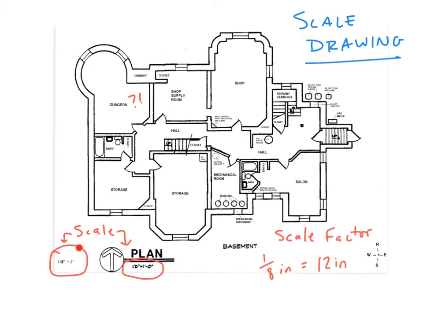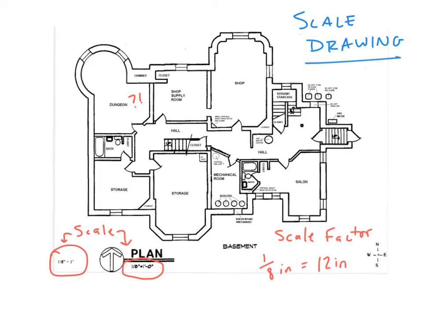This scale has two different places where they wrote it out and typed it in a computer so that it would be legible. This says 1/8 of an inch is equal to 1 foot. So remember, the scale drawing goes first. So the 1/8 of an inch represents 1 foot.